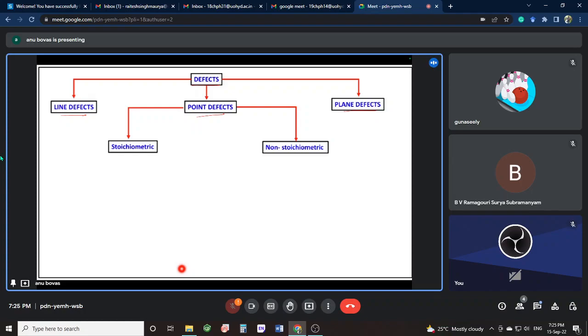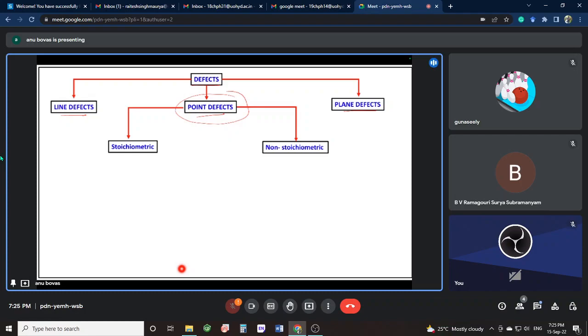So the most important one is point defect. So the major questions will be asked from point defects. Line defects and plane defects are not that important. And the point defects can further be classified into stoichiometric and non-stoichiometric defects. Stoichiometric means the stoichiometry of a particular crystal, for example, NaCl or ZnO, remains the same.